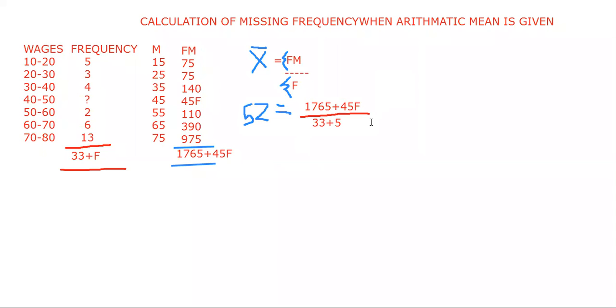Now this equation has come to me, and I just have to solve this equation, because once I solve it I'll get the answer. The question is how to solve it.